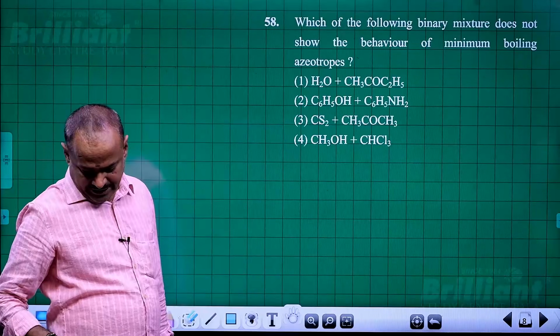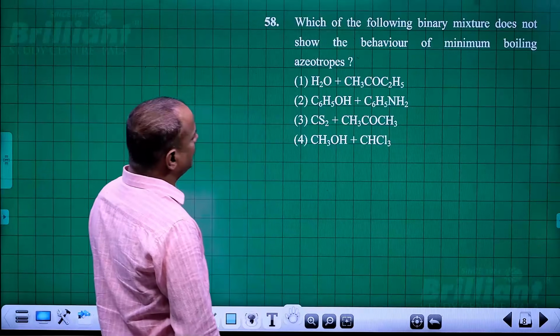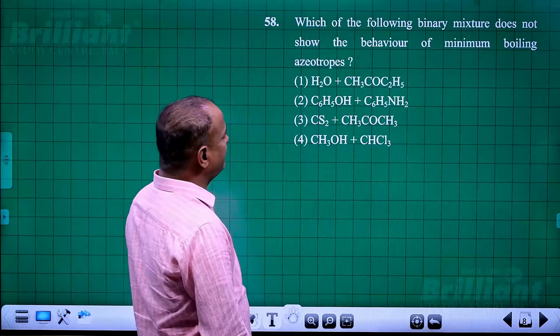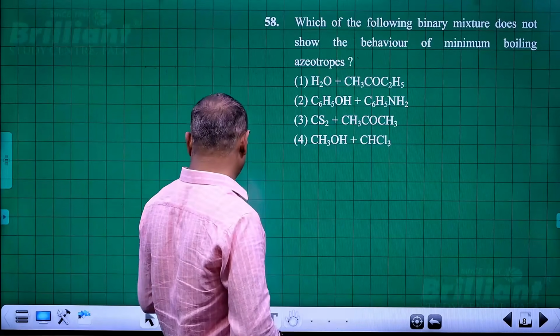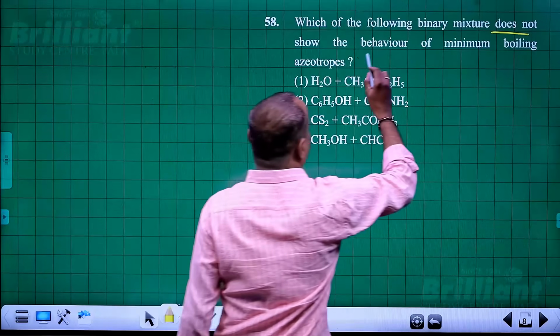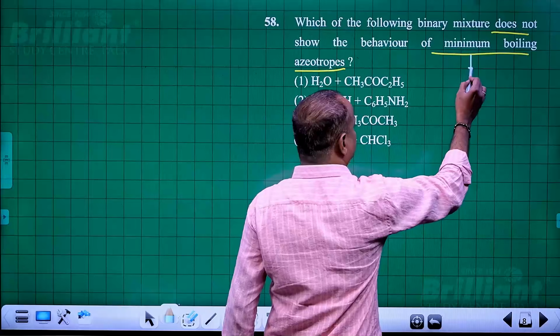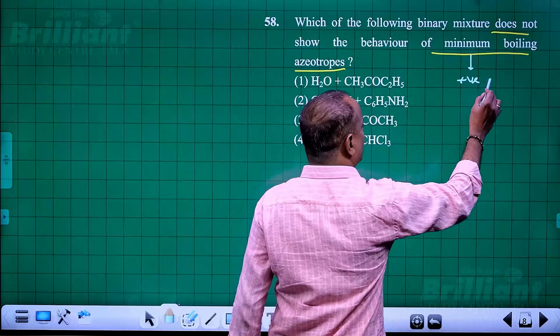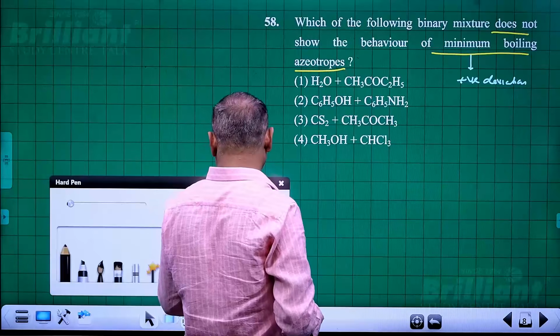Next, 58. Which of the following binary mixtures does not show the behavior of a minimum boiling azeotrope? Minimum boiling azeotropes mean positive deviation. So check now.